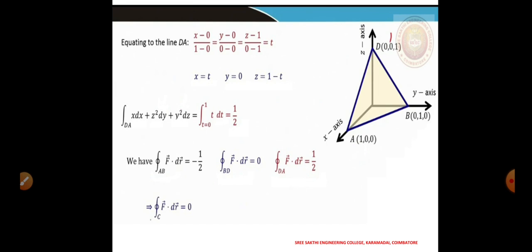Here we have z as t, so z squared times minus dt, then we have y squared, which is (1 minus t) the whole squared, and then dt for this dz. Well, we can simplify this.